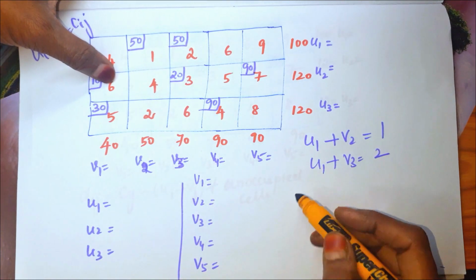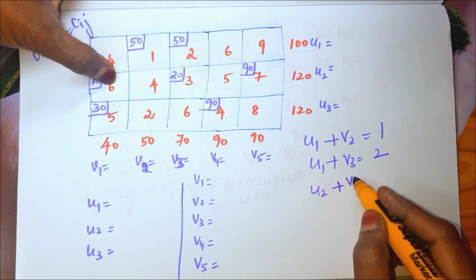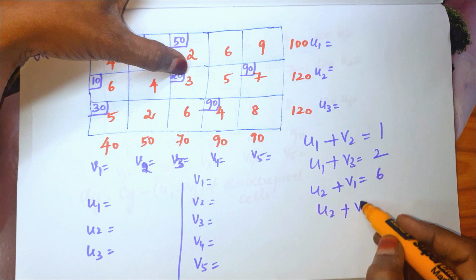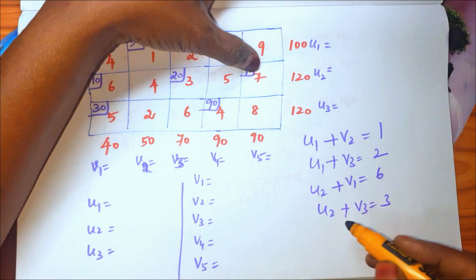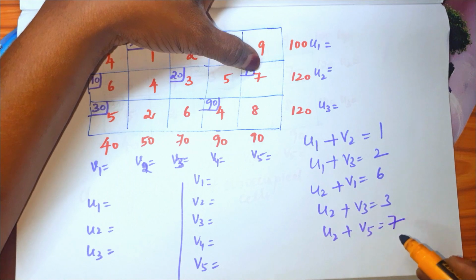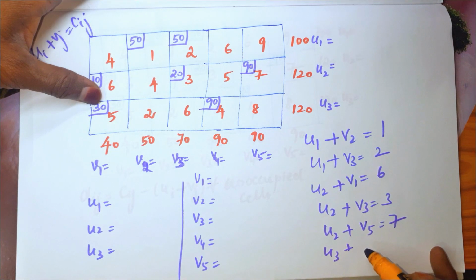And here U2 plus V1 equal to 6. And here U2 plus V3 equal to 3. And here U2 plus V5 equal to 7. And here U3 plus V1 equal to 5.